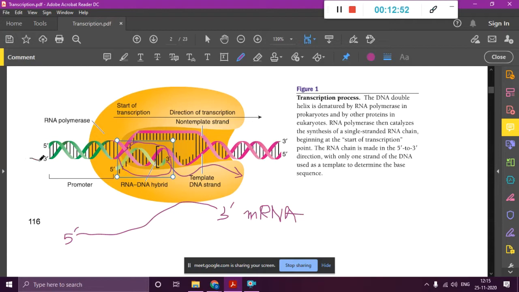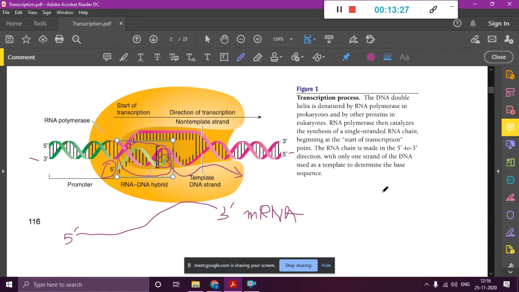It is in the 3 prime to 5 prime direction, and on this there is an unwinding by the RNA polymerase, and in a region on the DNA known as the transcription start site, you can find the transcription initiates, and the direction of transcription is in the 5 prime to 3 prime direction, and nucleotides are added like NTPs, ATP, GTP, UTP and CTP.